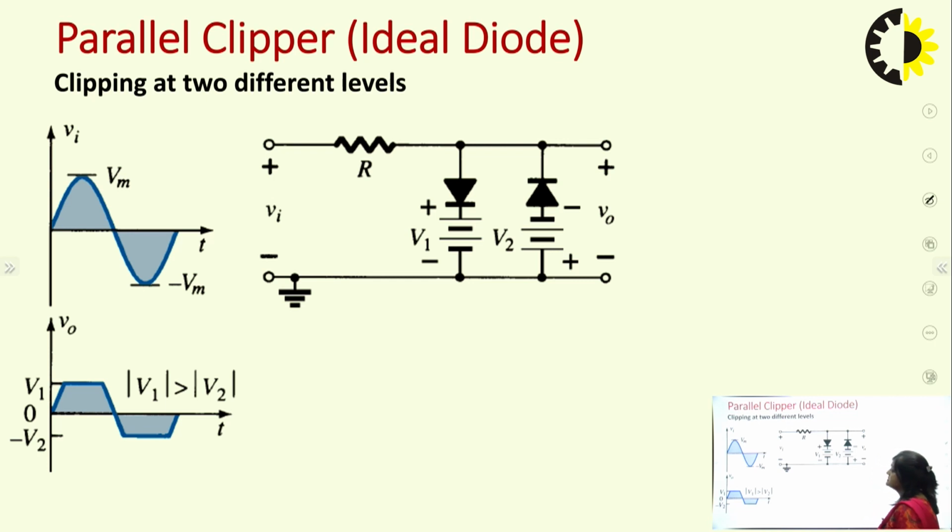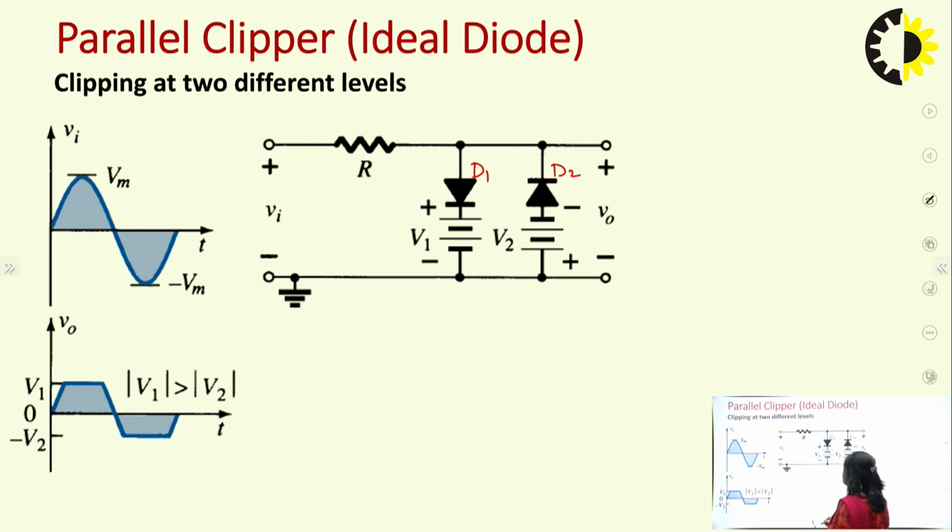So this is the example of the combined clippers where we have used two diodes. Till now we have seen only single diodes, but here two diodes are there. So we can take this as the D1 diode and this as the D2 diode.